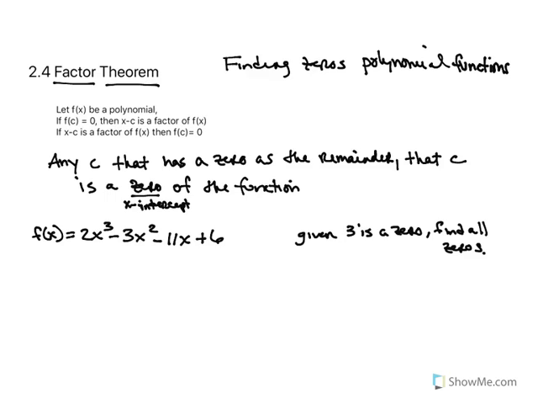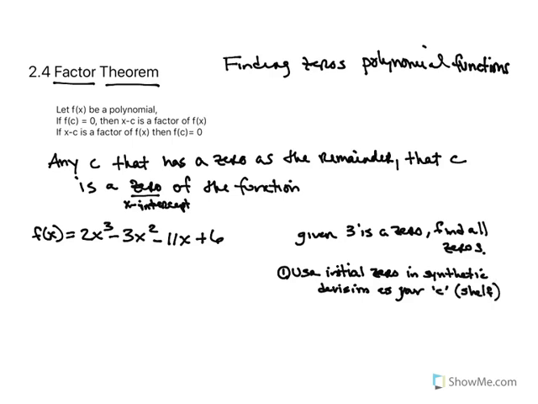Because I know that 3 is a 0, we are going to divide this problem down. When you're looking for the zeros of a polynomial function, you are always going to use an initial 0 in synthetic division as your C, or your shelf number.